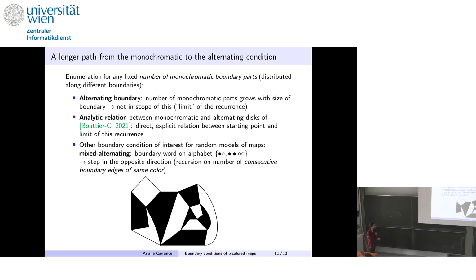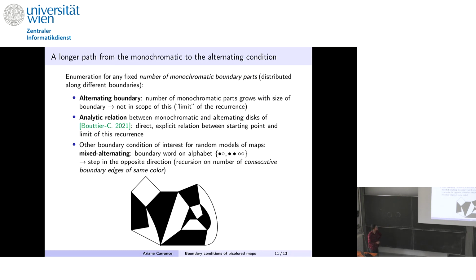So in particular, this mixed alternating condition, where now the configuration of colors along the boundary are given by words on the alphabet black, white, and black, black, white, white.